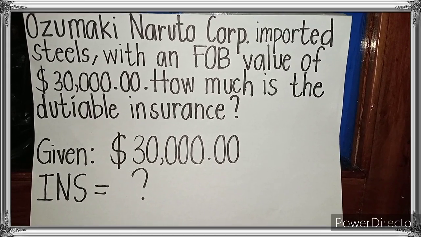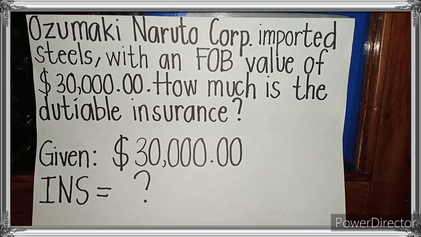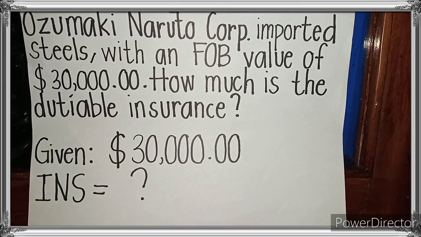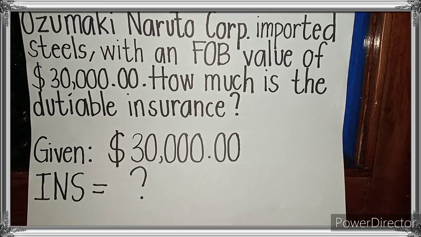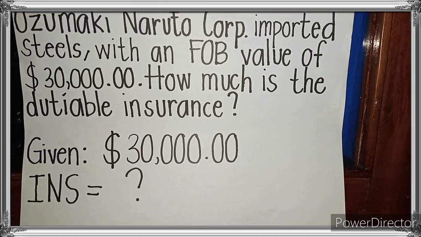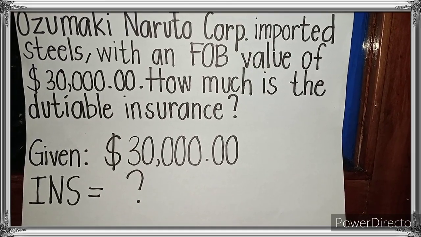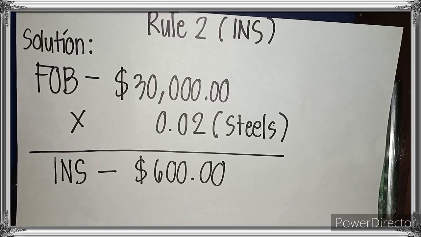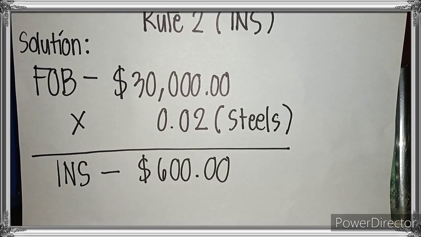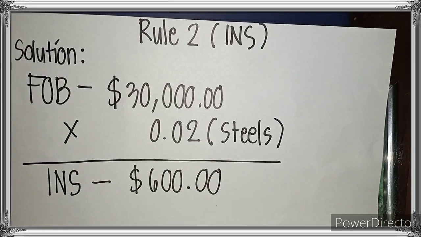Okay, the first problem is Uzumaki Naruto Corporation imported steels with an FOB value of $30,000. How much is the dutiable insurance? The given here is $30,000. So, in getting the insurance, we will have to apply Rule 2.